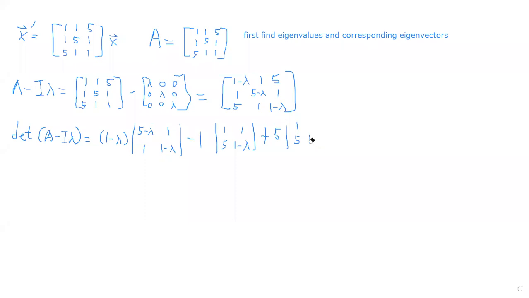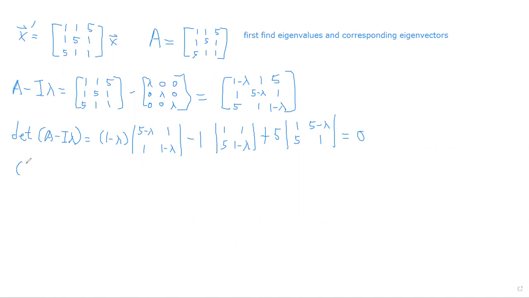I made a slight miscalculation. 1, 5 minus lambda, 5, and 1. So 5 minus lambda, 5, and 1. These 4 values. Okay. Now, okay, so that's equal to, and this is equal to 0.